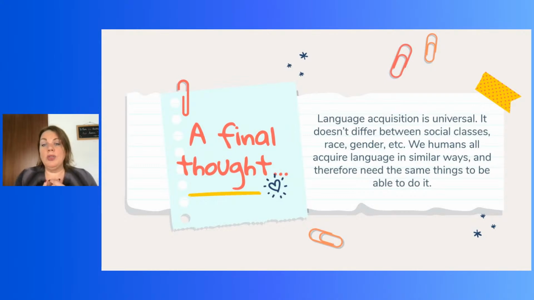But if our students don't, our responsibility is to provide them with more input and more real English so that they have a chance to also acquire the language, right? Teaching them mechanically is not going to give them a better chance to acquire the language. So it's very important to remember that language acquisition is something universal among all of us all around the world, and we do it in the same way.